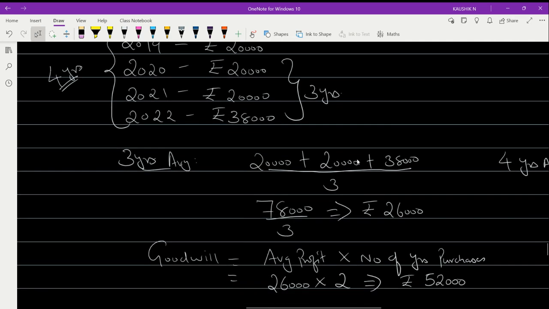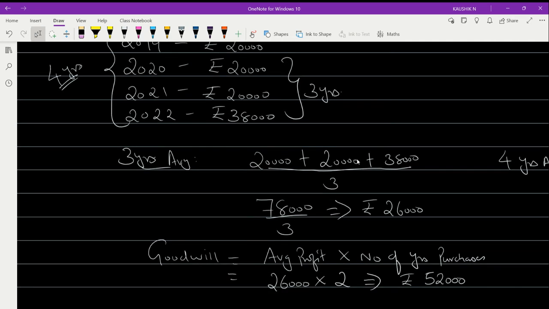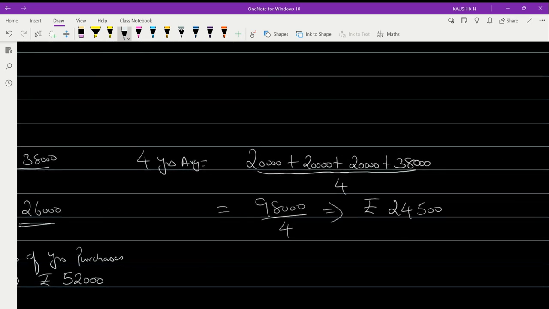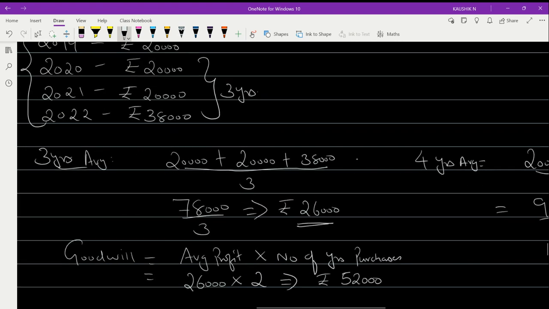If that is the case, what I got for 3 years is 26,000, and what I got for 4 years is 24,500. So this 24,500 is the 100 percentage value for 4 years, and this 26,000 is the 100 percentage value for 3 years.